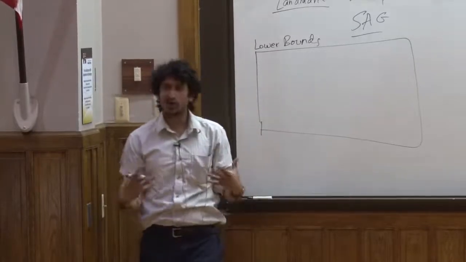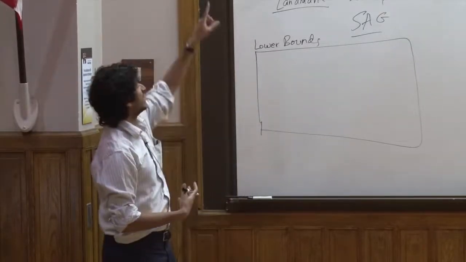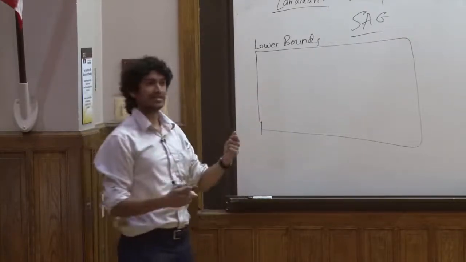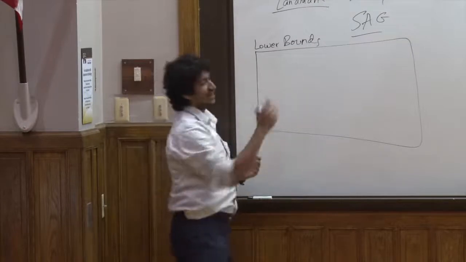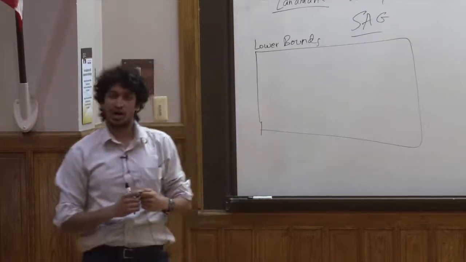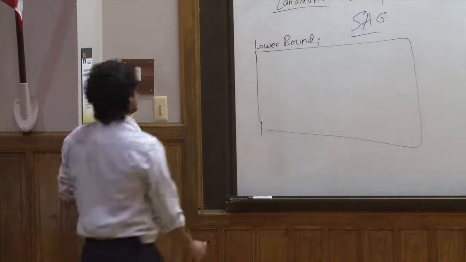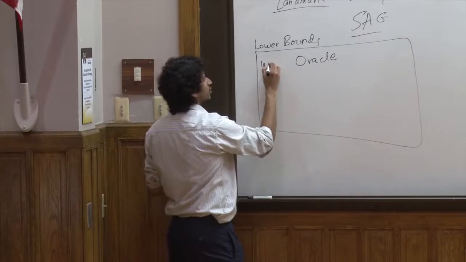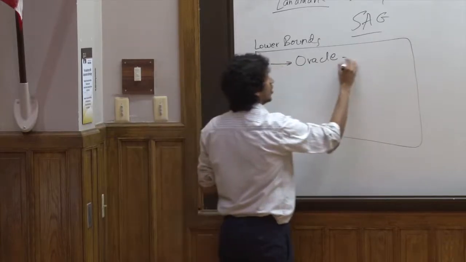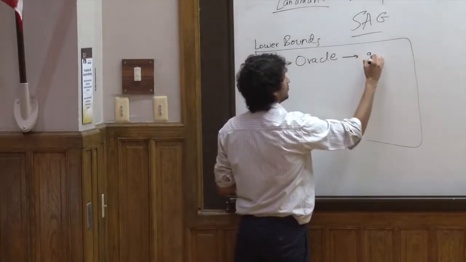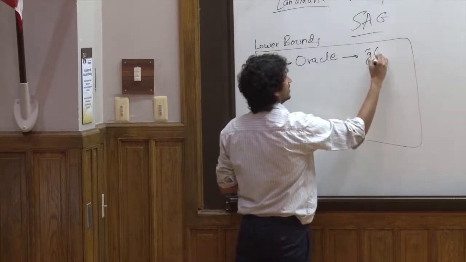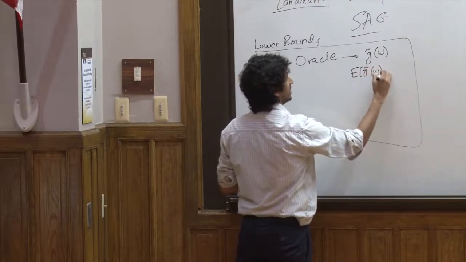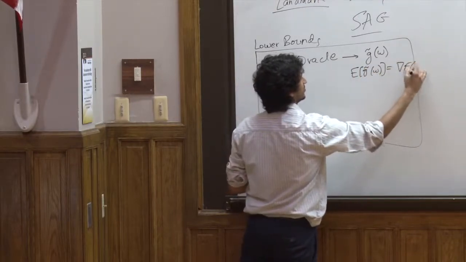But broadly, what these lower bounds say is that if you assume nothing but convexity, then a stochastic gradient algorithm is one in which you give a point W to an oracle, and the oracle spits out a noisy gradient at the point W, such that the expected value of that noisy gradient is the true gradient of the function.